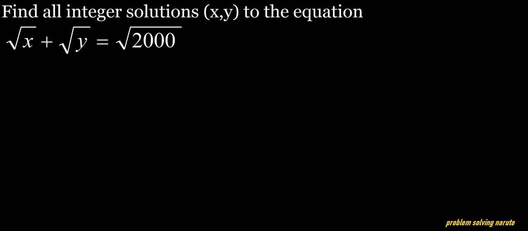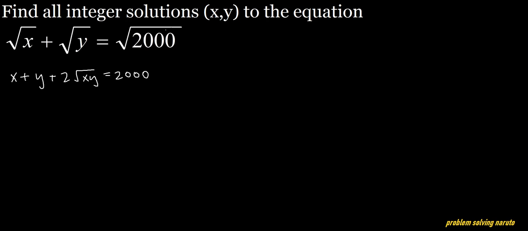Well, there are square roots, so let's try to get rid of them. I'll begin by squaring both sides. If I square both sides, I will get this, and there's still one more square root left.